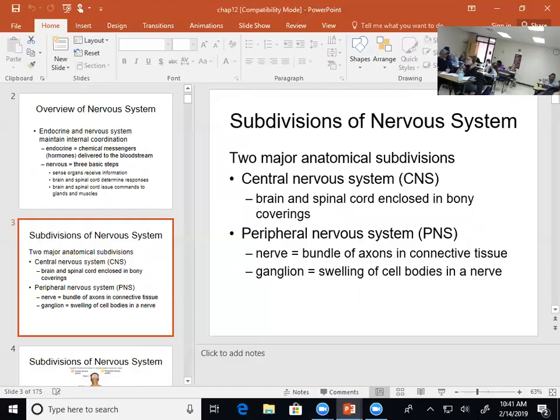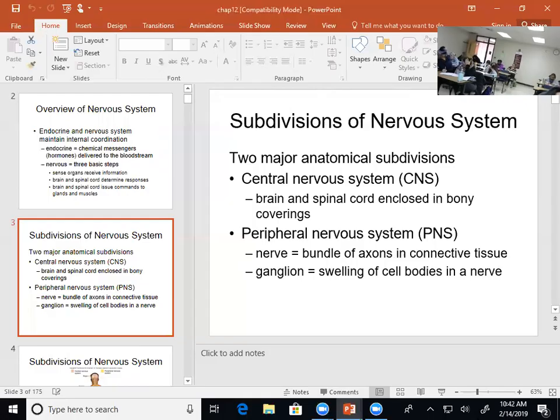You would want to know that the central nervous system includes the brain and the spinal cord. And then the peripheral, to the periphery, to the side, right? The peripheral nervous system is those nerves that come off of the brain and the spinal cord.